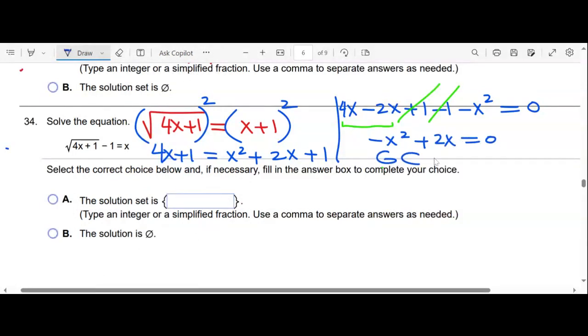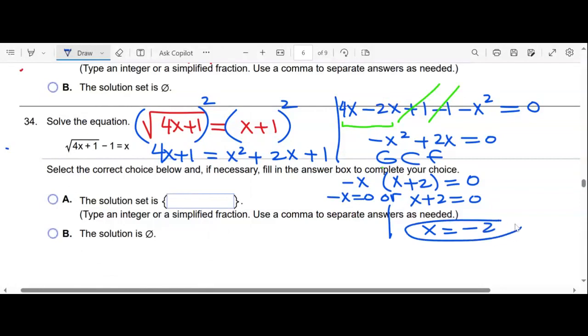What is the greatest common factor? Negative x. So you get negative x times x minus 2 equals 0. So you have two solutions. Negative x equals 0 or x minus 2 equals 0. So x equals how much? 2. And x equals how much? 0.